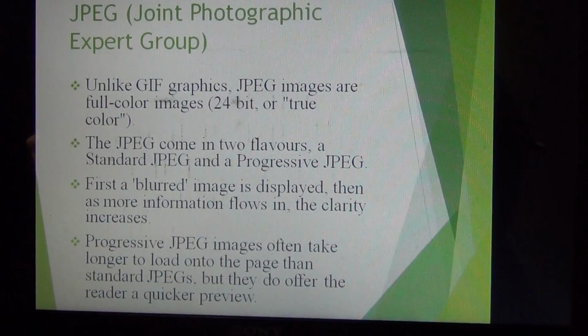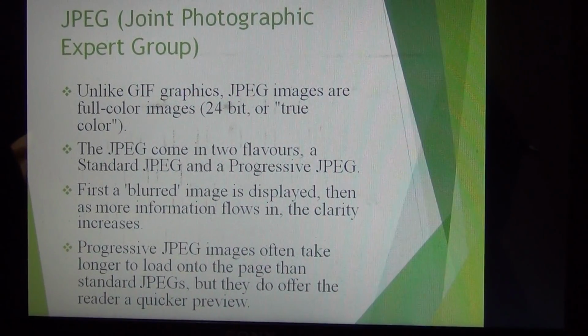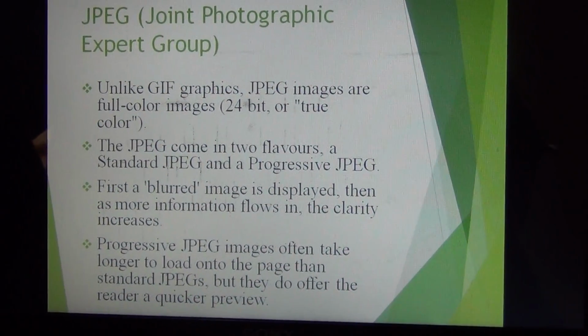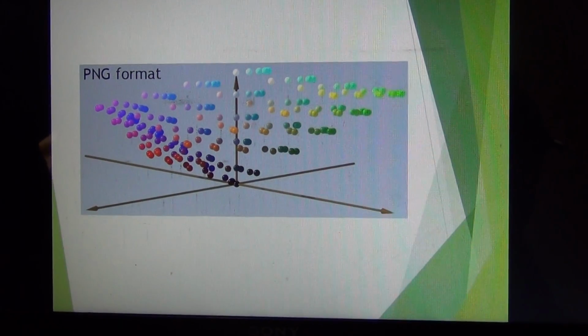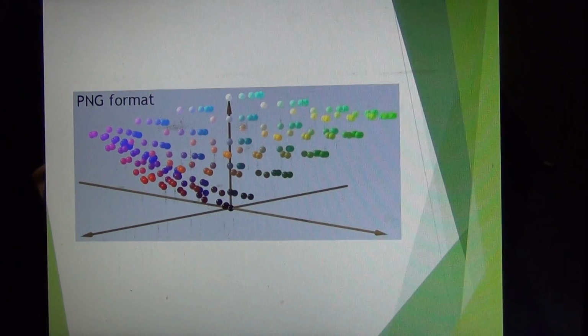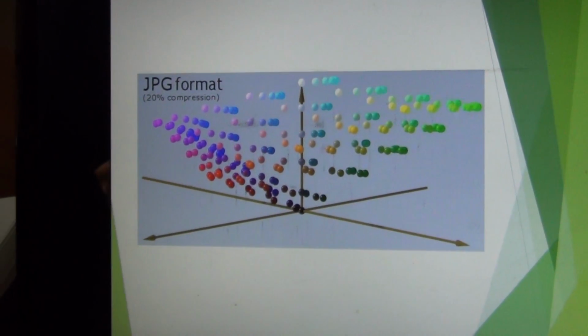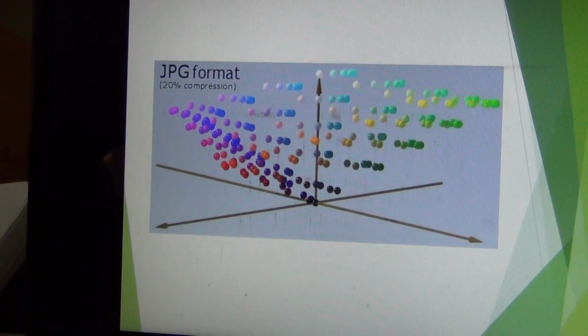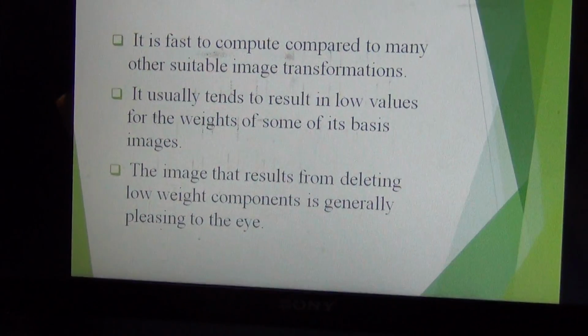Progressive JPEG images often take longer to load onto the page than standard JPEGs, but they do offer the reader a quicker preview. These are some examples of PNG format and GIF format, and this is an example of JPEG format. As you can see, this is the clearest image.